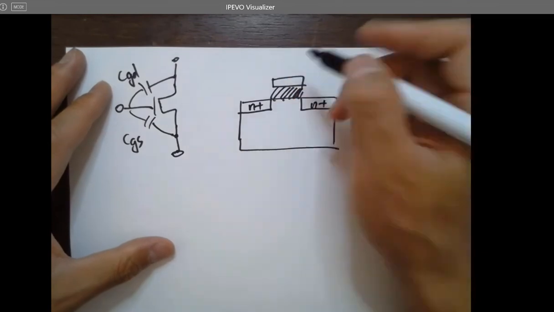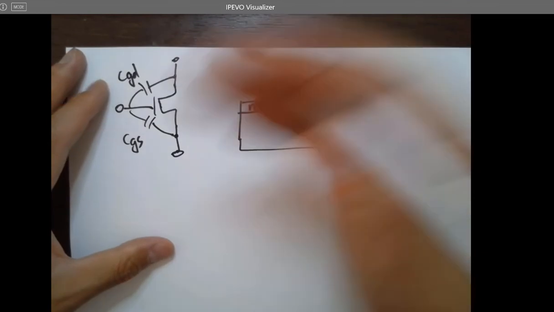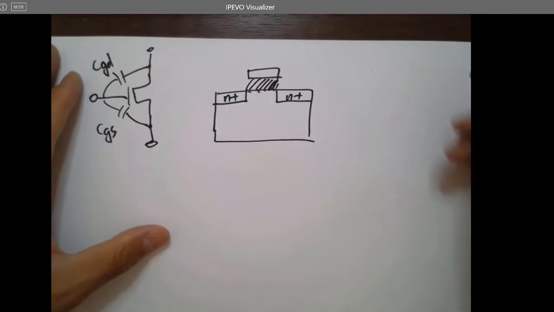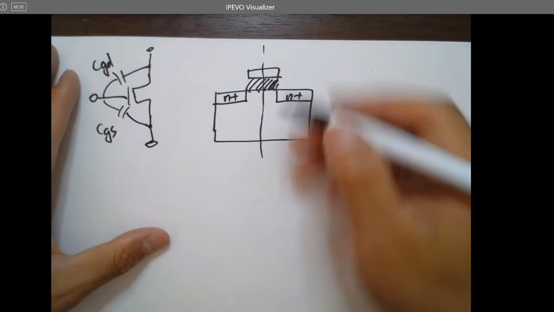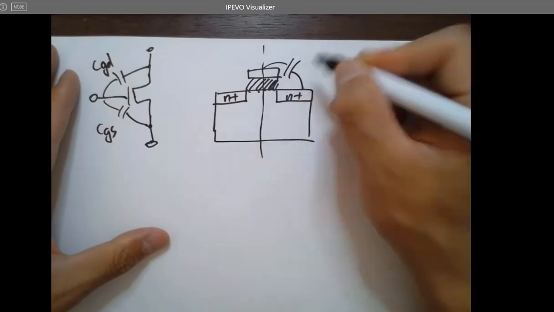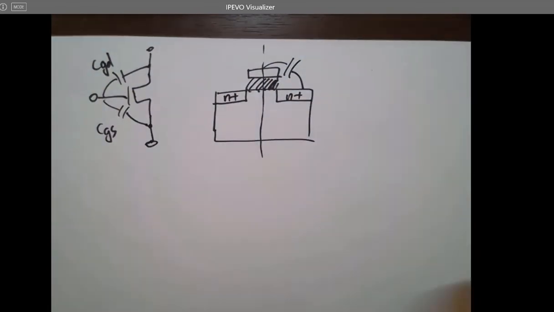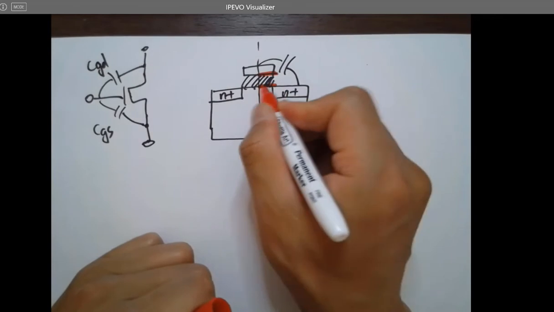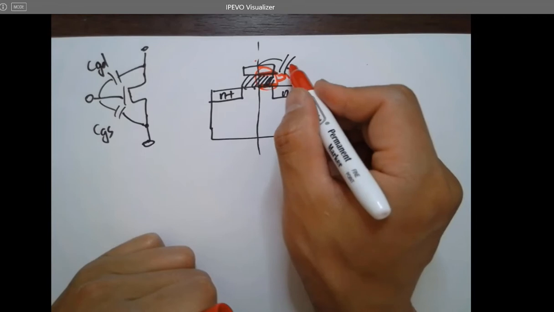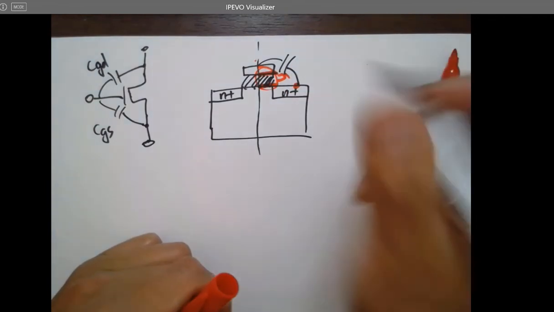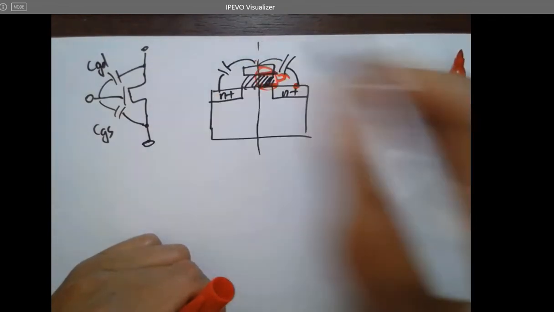So we are in the process of modeling this capacitor over here, right? When we look at the cross-sectional view of the NMOS, we can split this into two halves. So we can model this capacitor over here. See, here's a top plate, here's a bottom plate, and here are the two terminals. So this one can be modeled as this one. It's the same as the capacitor over here.